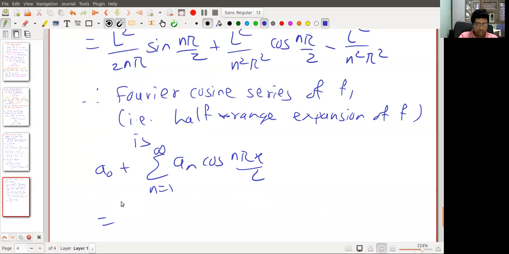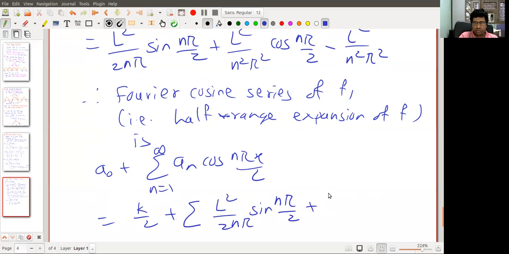Okay, that is a0, we know a0 is k by 2 plus summation an we just computed, so L square by 2 n pi sine n pi by 2 plus L square by n square pi square into cos n pi by 2 minus 1.